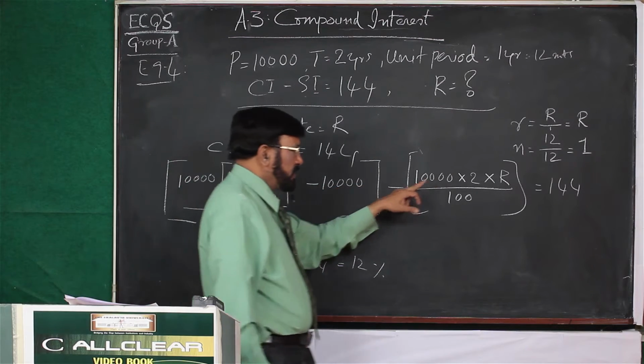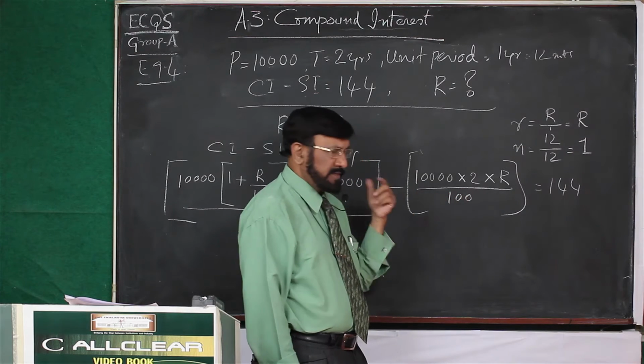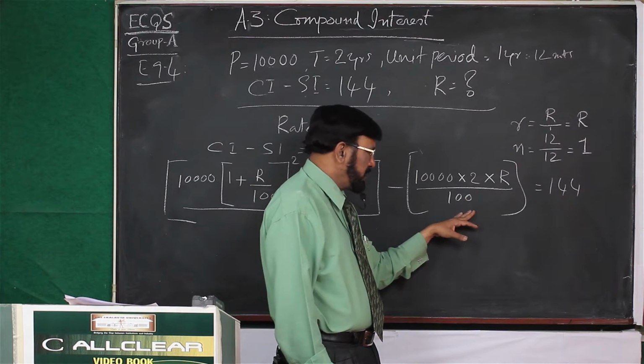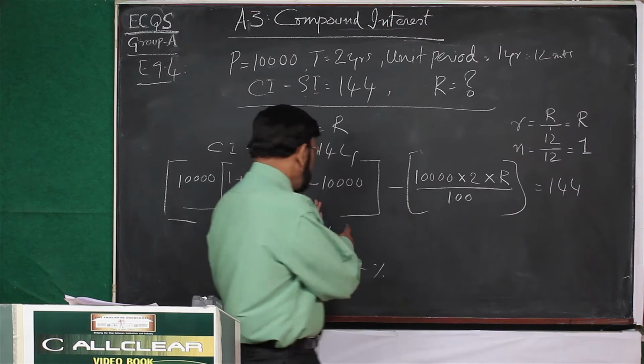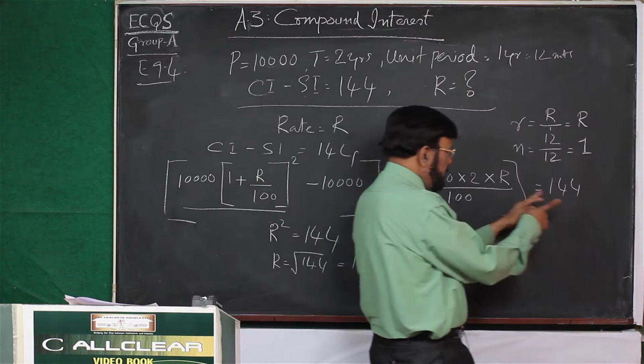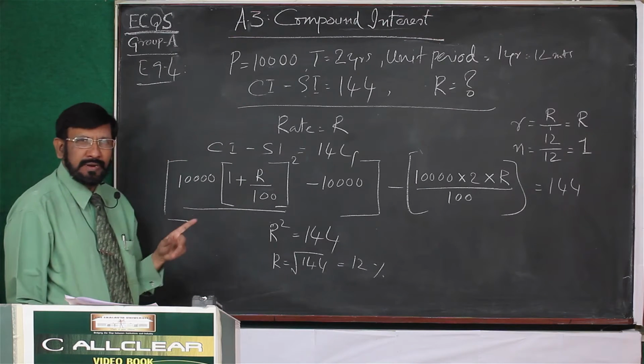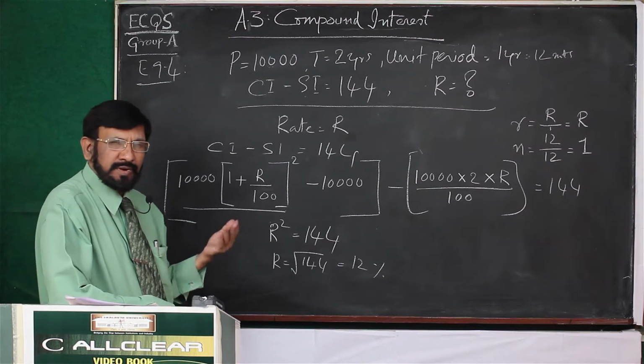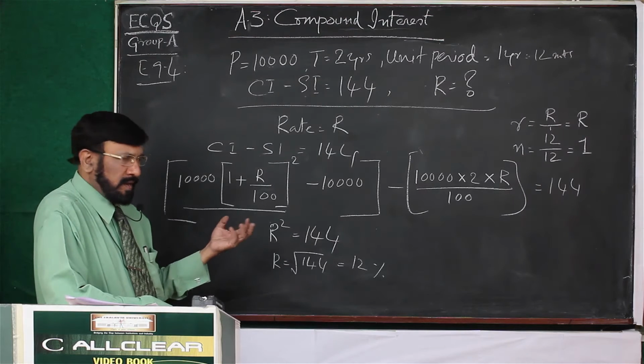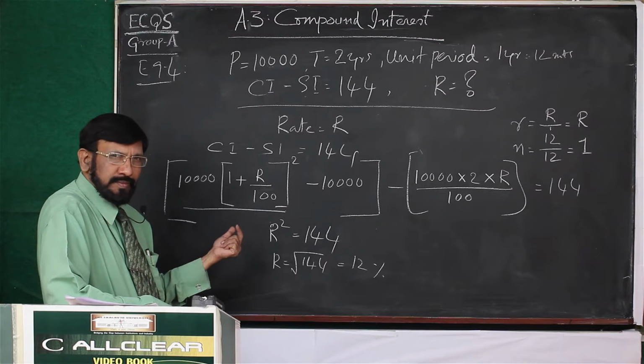And thereafter, for simple interest, directly the formula is there, PTR by 100. CI minus SI is 144. If you resolve this equation, you should be mathematically good. This is quantitative aptitude, mathematical calculations you have to make easily.